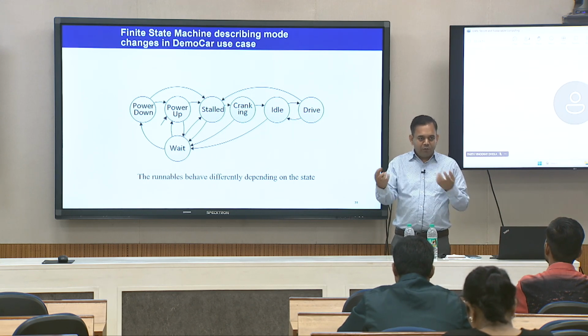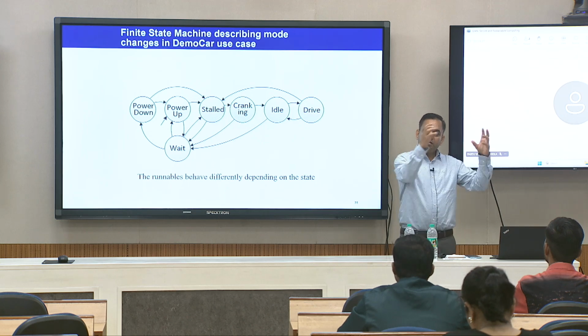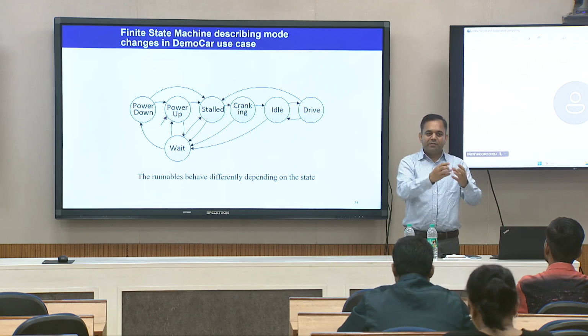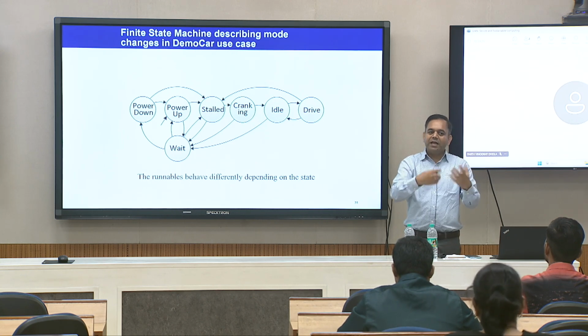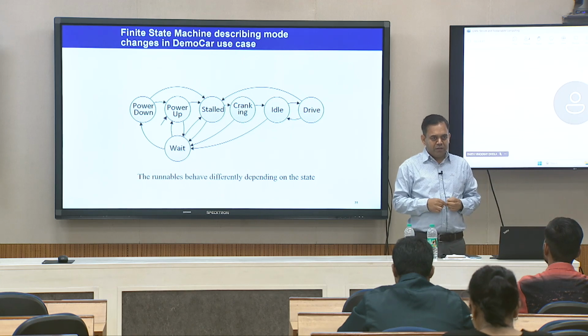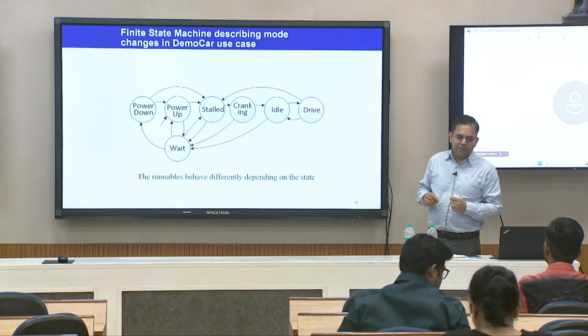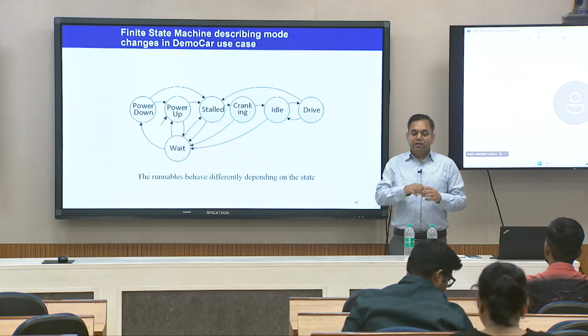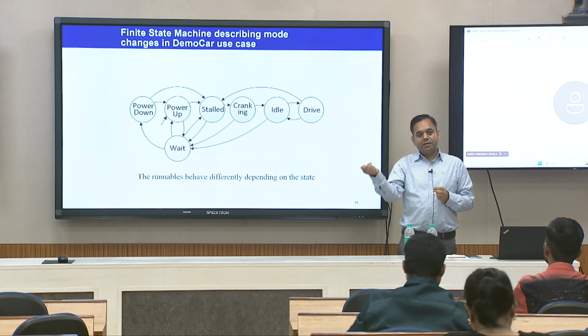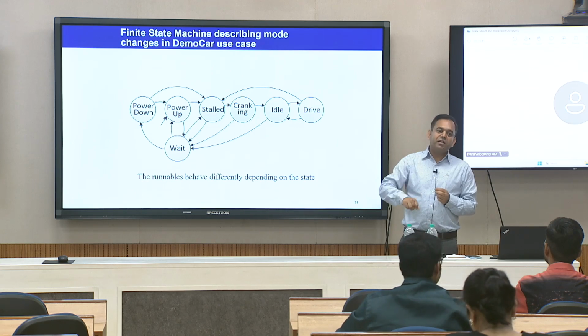When you unlock it, a few electronic control units start doing something, which means some of those runnables, we said 18, a very toy car, start running.